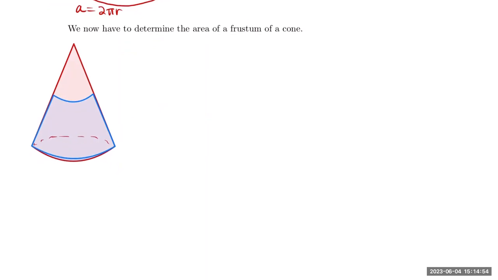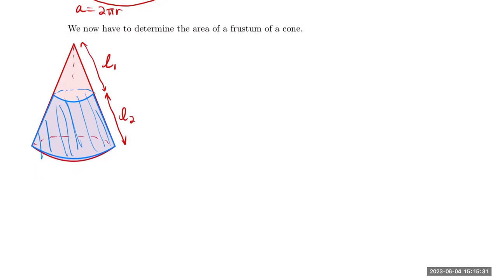So this is the one that we want to find out. So this is part of the cone here. So we want to find out what this area is supposed to be. This entire thing here. Well, let's break it up into two parts, two slant heights. So let's say that the slant height here we'll call L1, and the second slant height is this here, our L2. And that means we'll also have two radii.